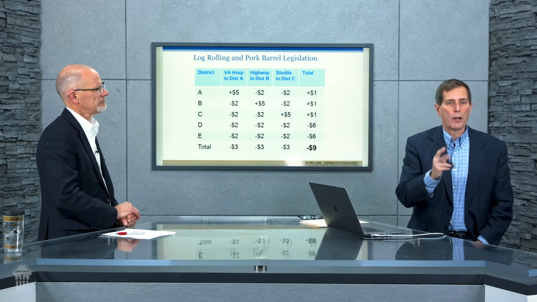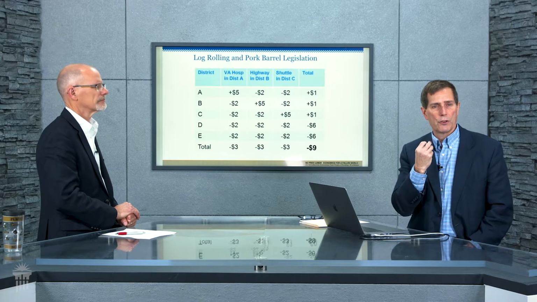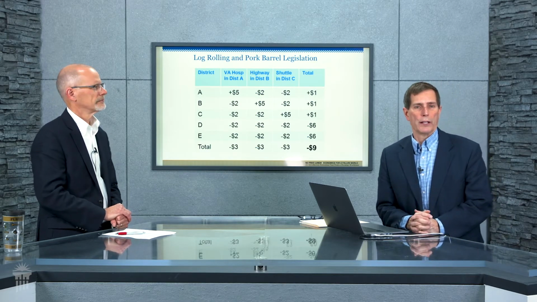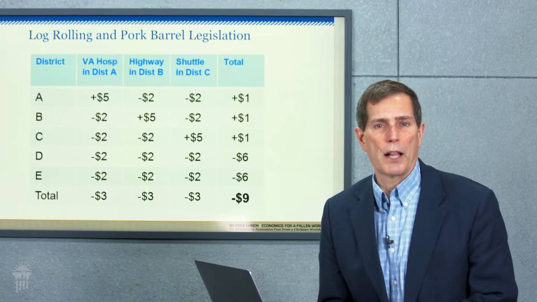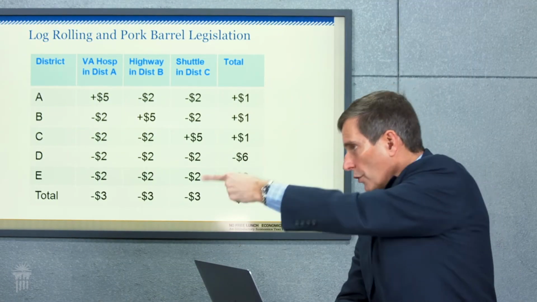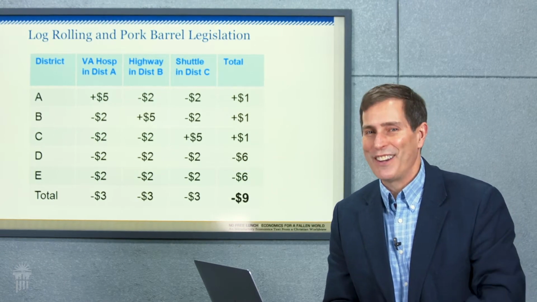This can happen through one of two ways, and they lead to the same result. For those that have already read the chapter, a phenomenon called log rolling occurs when politicians simply trade votes. If you do this for me, I'll vote for your project if you'll vote for my project. And they keep score if they do that.